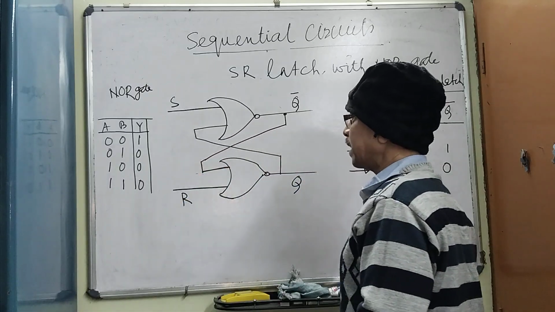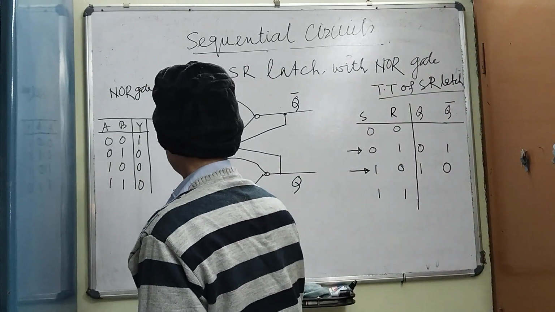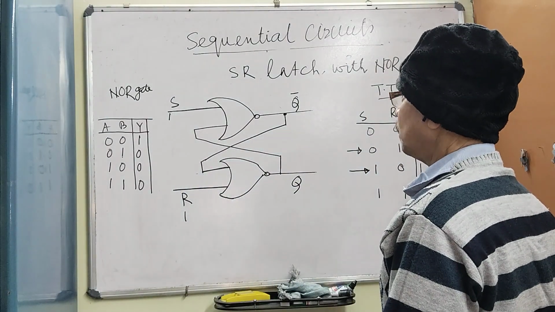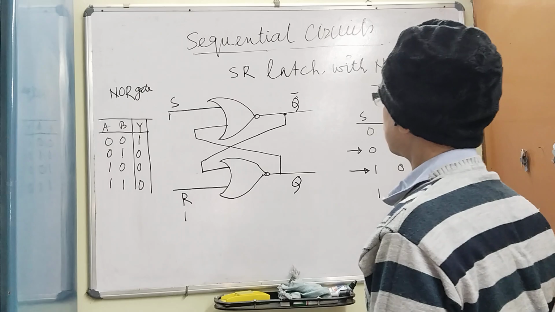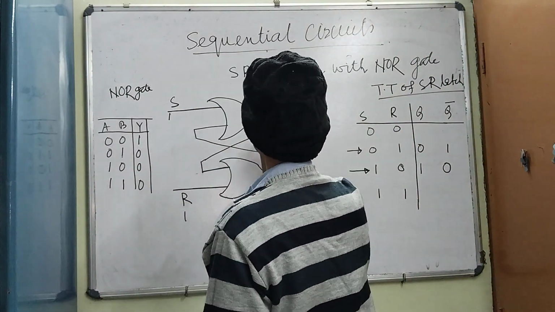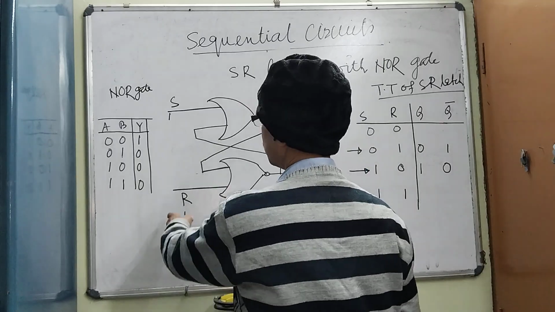Now if both are 1, then what happens? S equal to 1 and R equal to 1. Now if any input is 1, then the output is 0. So this will be 0 and this will be 0.